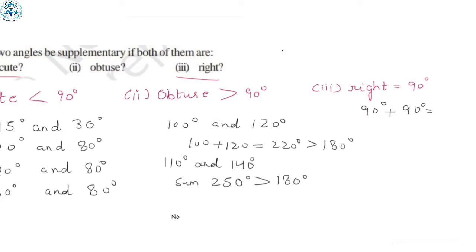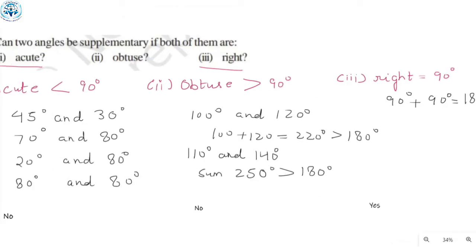Now you can easily guess. The sum is 180 degree, that means two right angles are supplementary. The answer is yes. This question is solved. Now proceed with the next one.